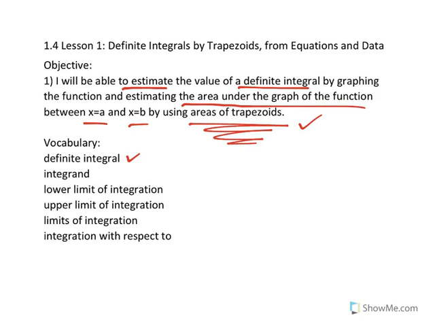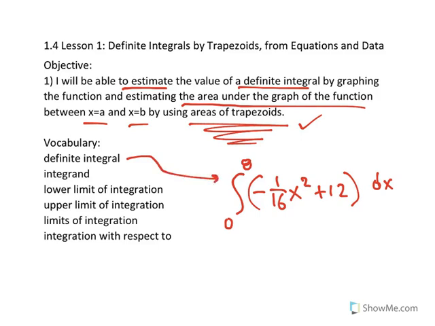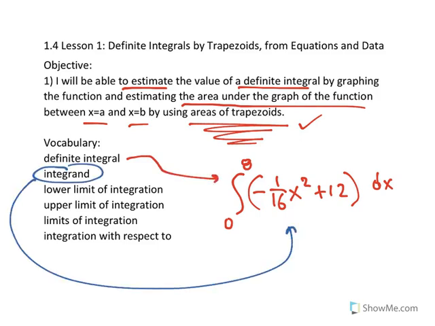For example, if you have the definite integral of negative 1 over 16 x squared plus 12 integrated with respect to x from x is equal to 0 to 8, this is called a definite integral. The integrand would be the function negative 1 over 16 x squared plus 12.